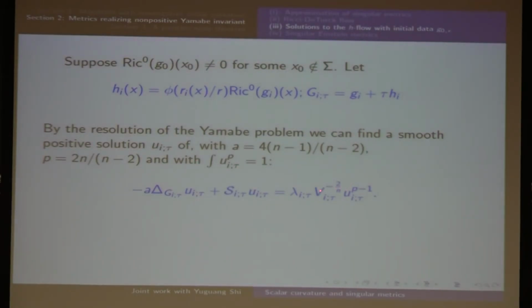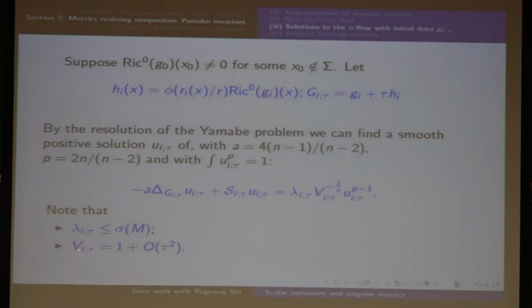What is lambda? Lambda is just the Yamabe constant for the conformal class of this one. Therefore, we have to normalize. First of all, sigma m is the supremum. Therefore, lambda I tau should be less than the sigma m for any small tau.